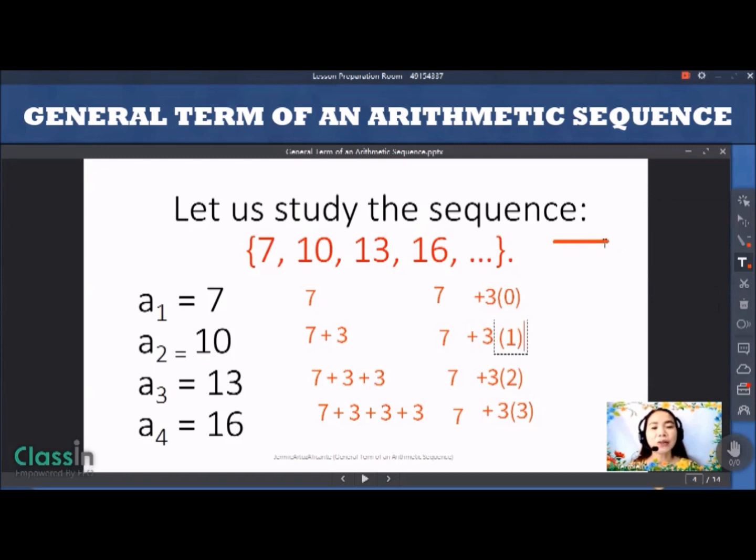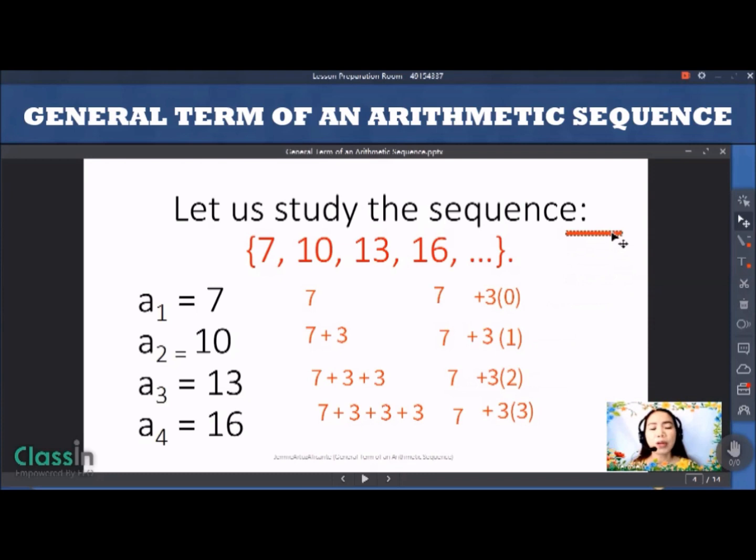Now let's take a look at the patterns. We have 0, 1, 2, and 3. Here we have 1, 2, 3, and 4.